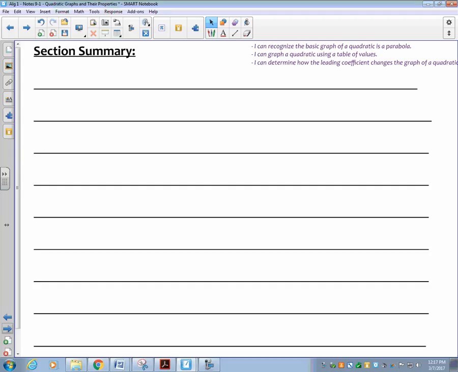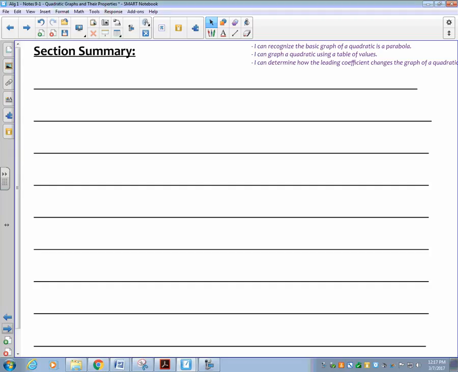Okay, Cletus, let's upgrade our understanding level and tell me how do you use a table to graph a quadratic. And then tell me how the leading coefficient changes the graph. That means positive versus negative, and fat or skinny?